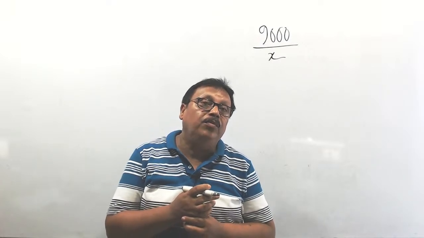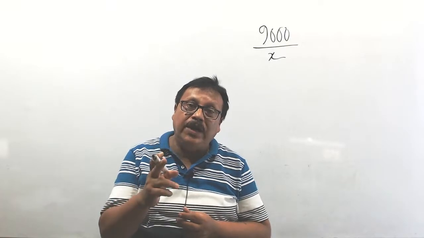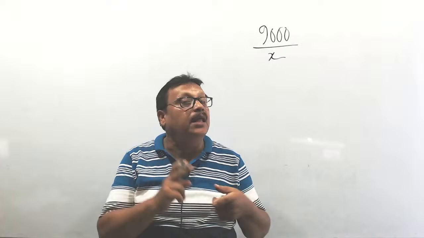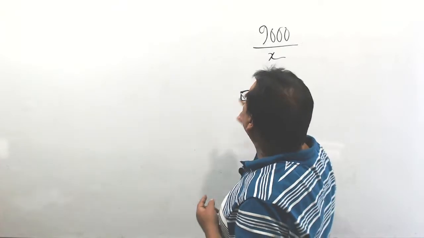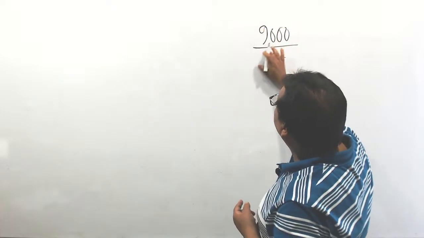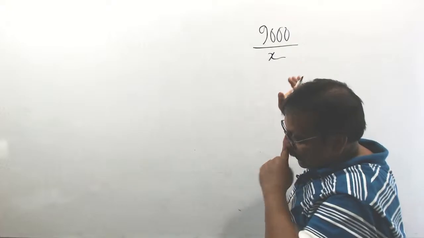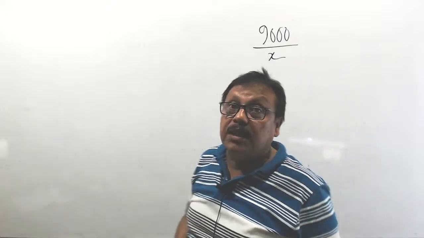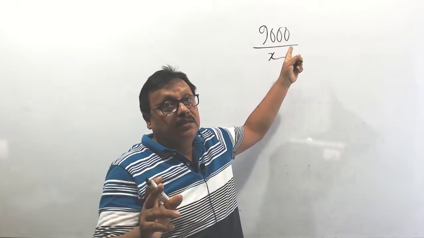So each will get how much? 25. That is, you divide the amount by the number of persons. We do not know the number of persons, so by assuming x is the number of persons, 9,000 divided by x is the amount each will get.